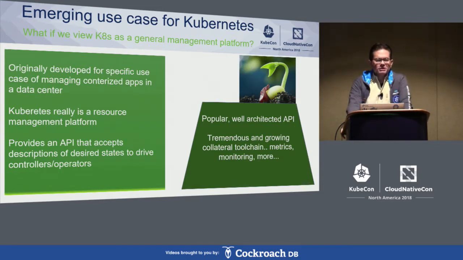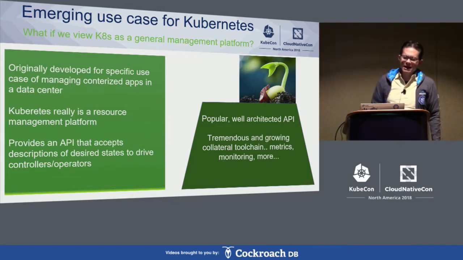What we're going to talk about today is this idea of some emerging use cases for Kubernetes. Kubernetes has been around since 2015 or maybe 14 with the original use case of managing containerized apps running in a data center.